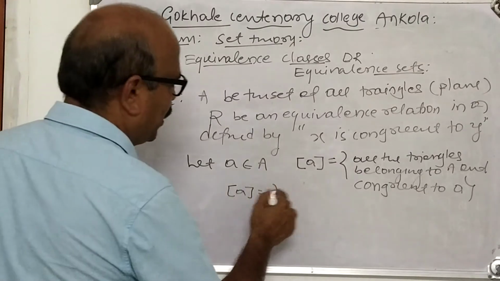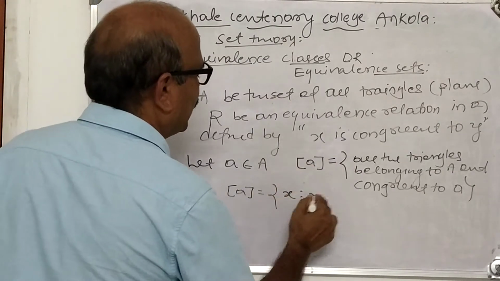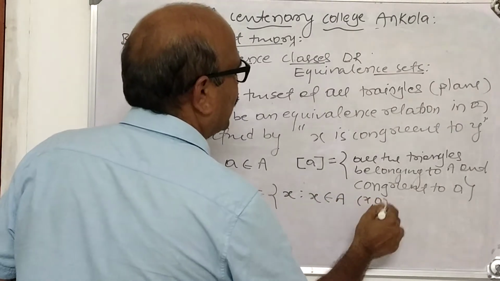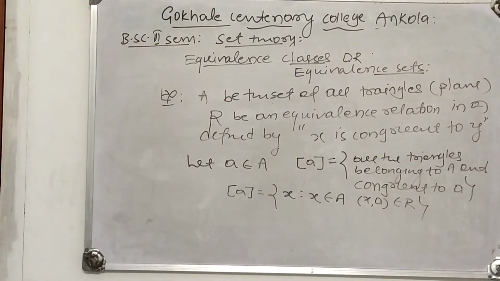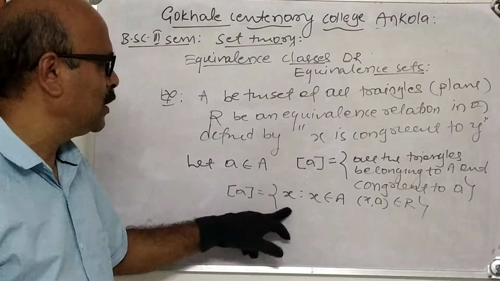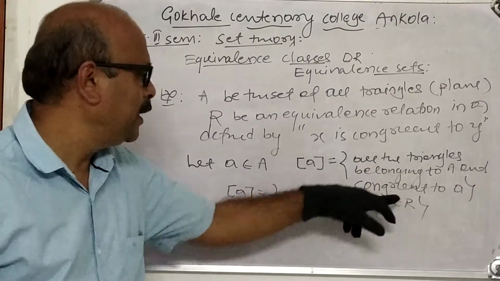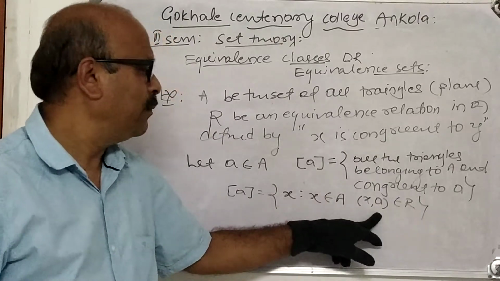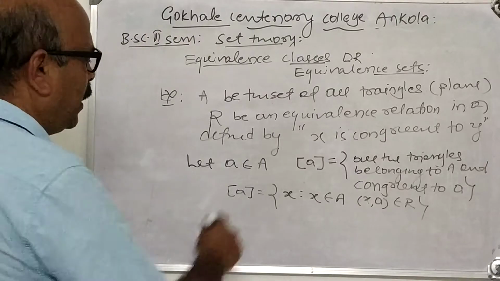In mathematical language, we write the equivalence class of A is the set of all x such that x belongs to A and xRa. See, this is another notation. What does this imply? Exactly this: all the triangles belonging to A and congruent to A. That is the equivalence class determined by A.